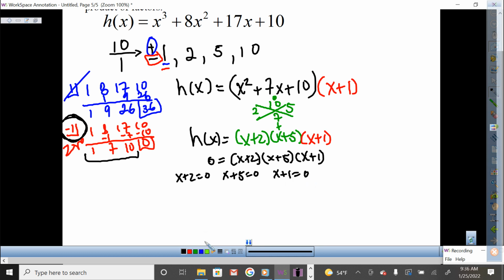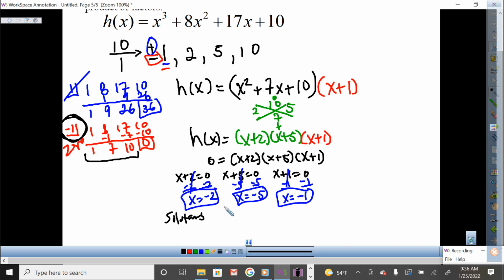Yes. So therefore, x equals negative 2, x equals negative 5, x equals negative 1. Okay? Let's write the names of the solutions. So yeah, we're done because we finished solving. What else are they called?